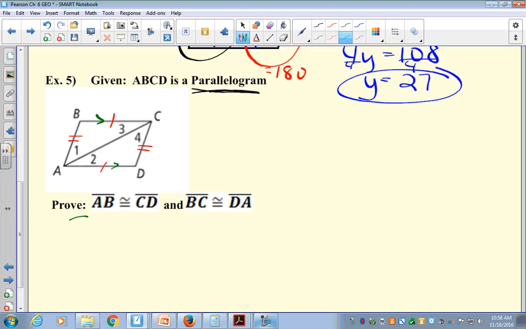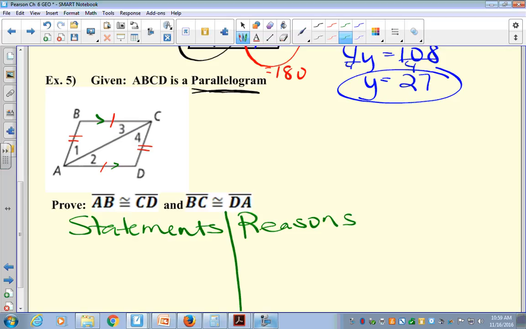So let's do our statements and our reasons. All right, so let's put our given down. ABCD is a parallelogram.